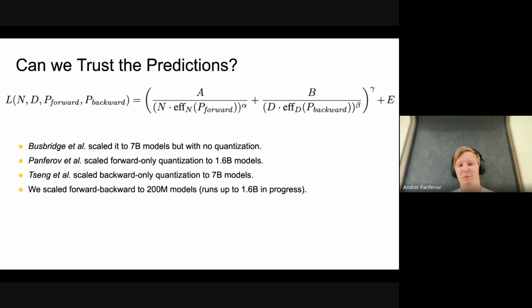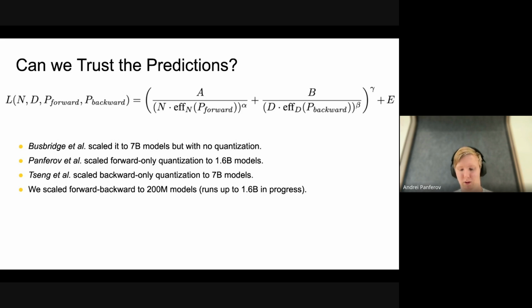Additionally, Albert Tseng and co-authors, who published an interesting paper on backward pass quantization, which we actually used in our paper as the backward pass quantization method, tested that their method provides stable performance up to 7 billion parameter model training, meaning that the law probably doesn't break in that regime either and shows consistent performance.